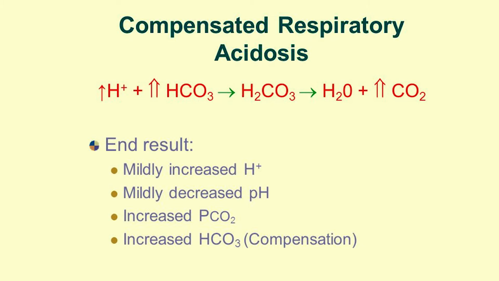Now evaluate the compensation. Compensation occurs in the presence of normal renal function, though the kidney's response to an abnormal pH level is very slow, taking anywhere from 4 to 48 hours. Kidneys are able to facilitate a near normal pH level by excreting large quantities of hydrogen ion from the body.